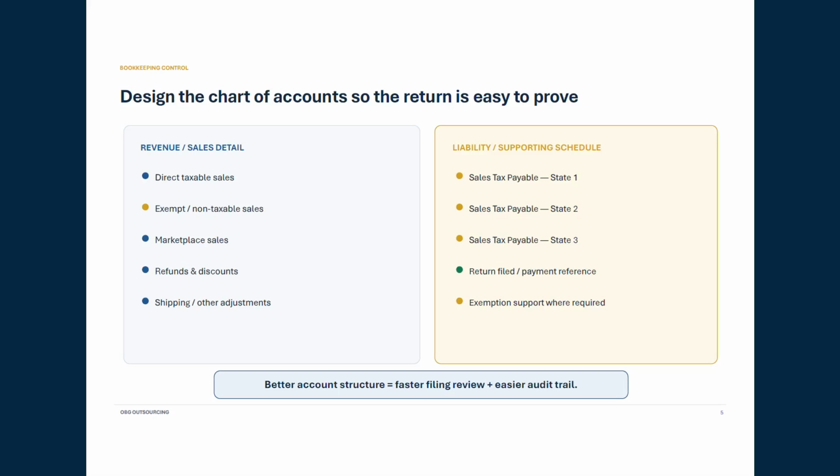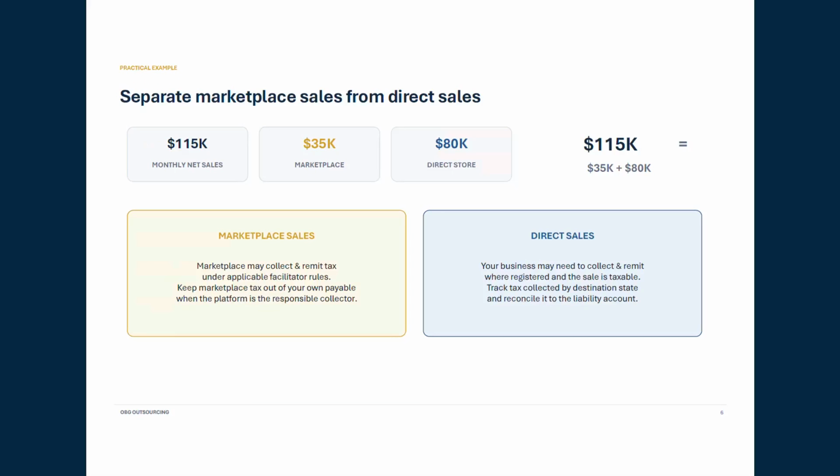If the supporting schedule clearly shows the balance by state, the return to ledger reconciliation becomes much faster. Refunds, discounts, shipping, credits, and exemptions should also be separately identifiable when they affect the tax calculation. The goal is simple: better account structure, faster review, and a stronger audit trail.